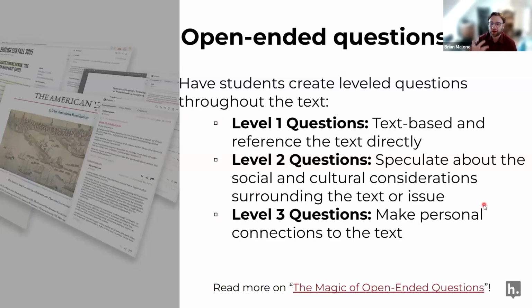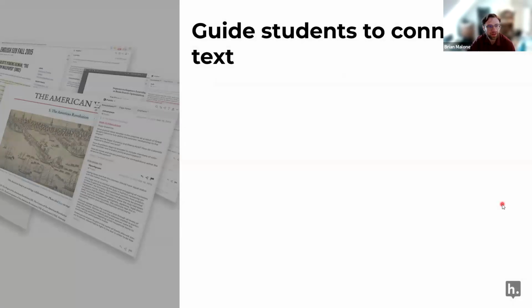So we can give students this model for asking good questions, and we can prompt them to give us annotations in this vein. And then when it comes to maybe non-question based annotations, but their own original thoughts about the text, we can also prompt students to make different types of text-based connections.